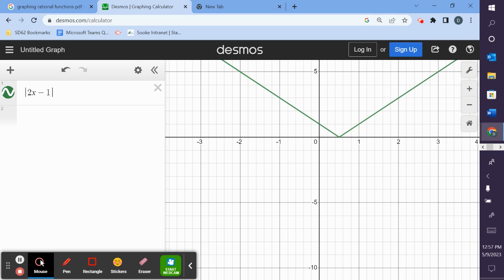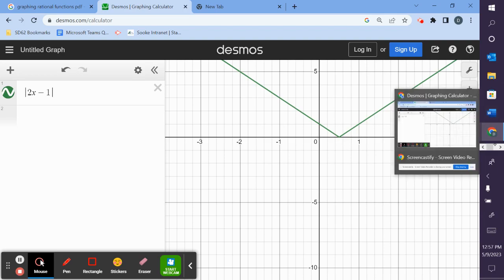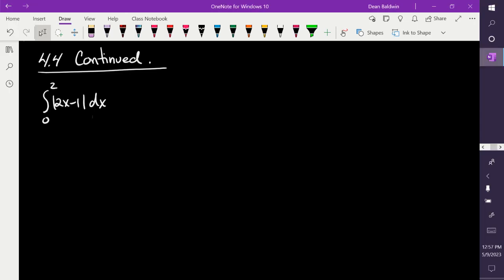Okay? So when you do an absolute value, I'll draw the graph of it. When you're doing this, find the x-intercept, which is going to be what makes it 0 on the inside. In this case, it's 1/2. Okay? You're going to get two parts to the line.